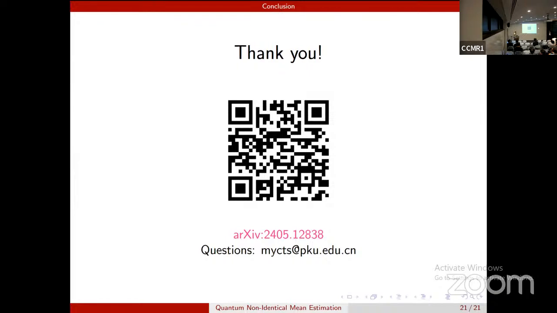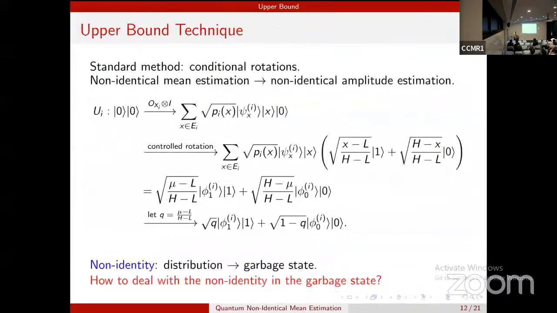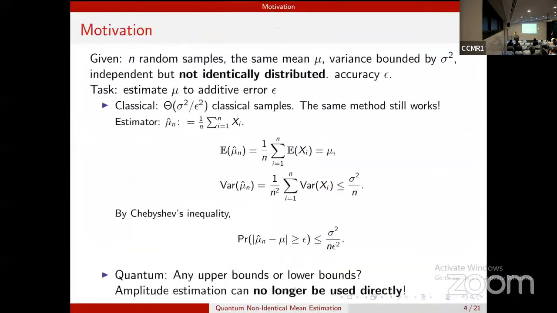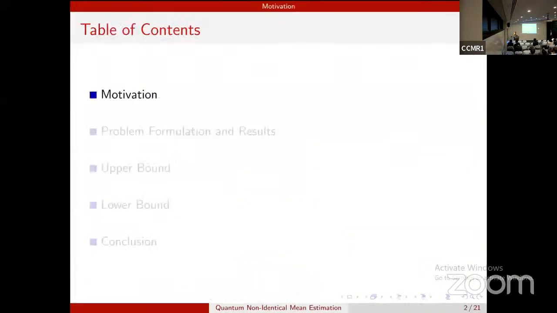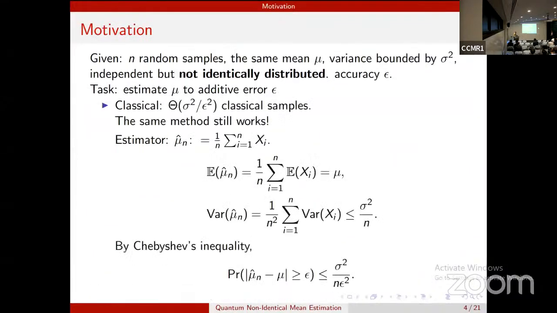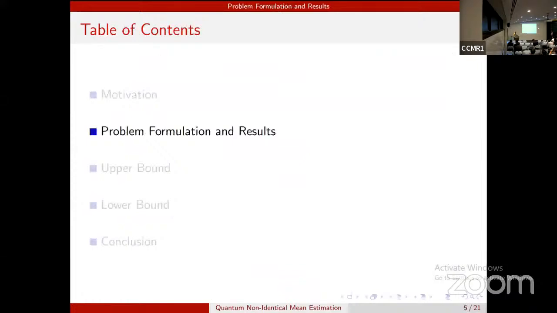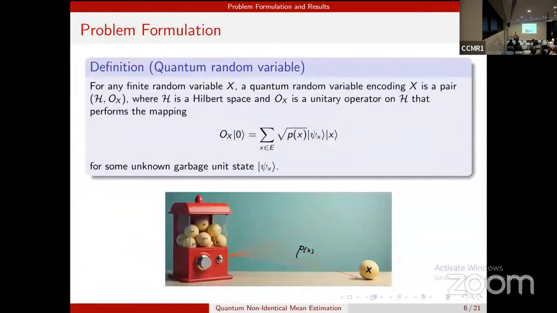So what are some applications of this? In which situation does someone want to estimate the mean of non-identical variables? Oh yeah, you mean, does it have some application? Okay, the reason we want to explore this problem is that we were studying some problems from quantum reinforcement learning.